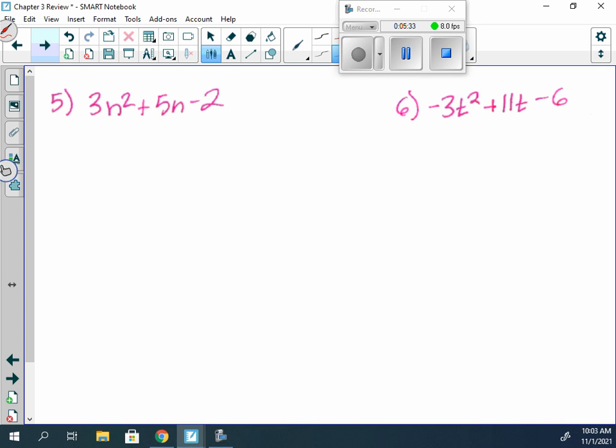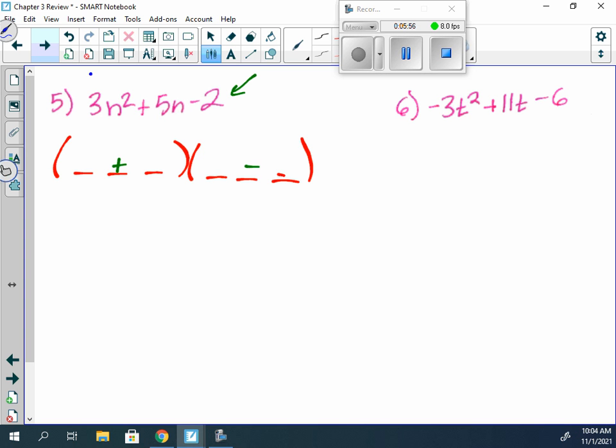Is there a greatest common factor between 3n squared, 5n, and negative 2? So we'll have our two sets of parentheses with 3 spaces. The next would be the signs. Since the 2 is negative, our signs are opposite.